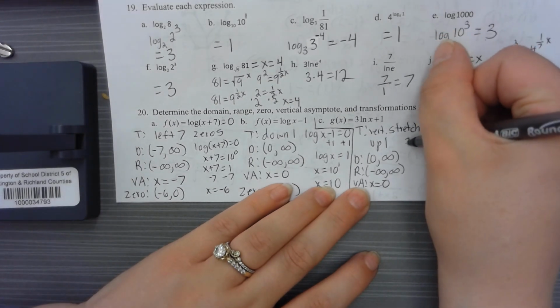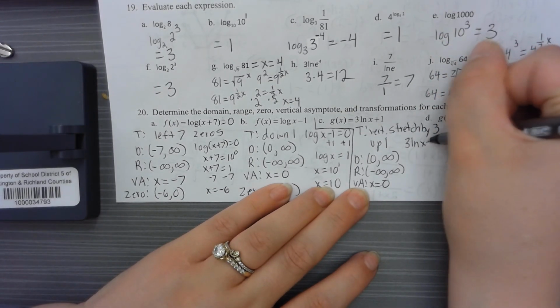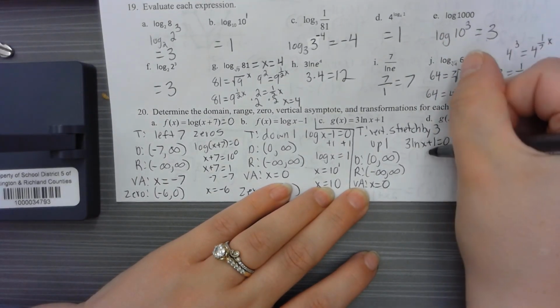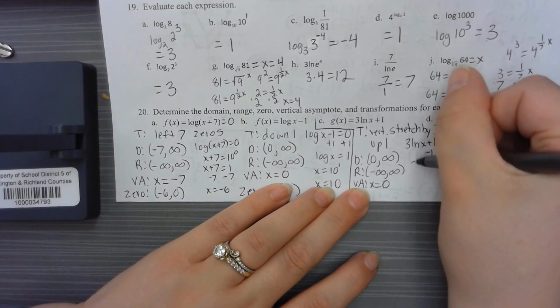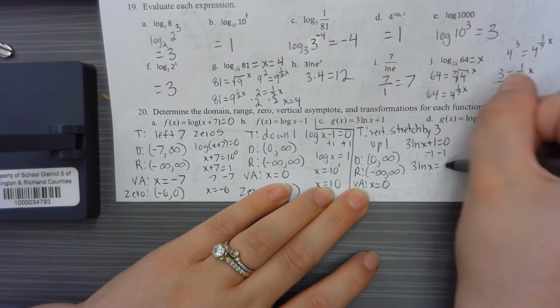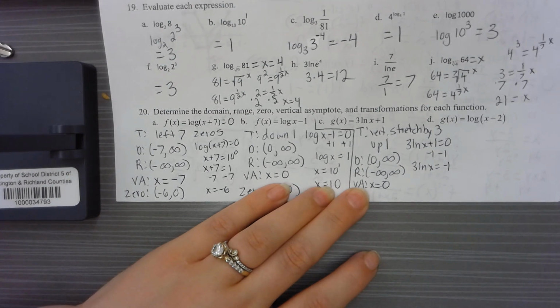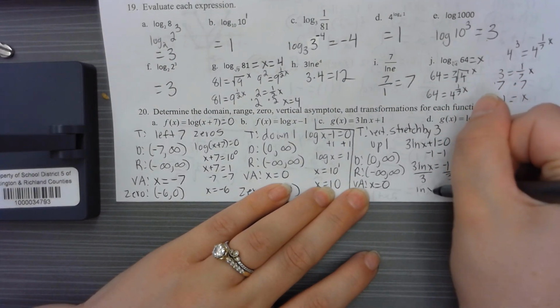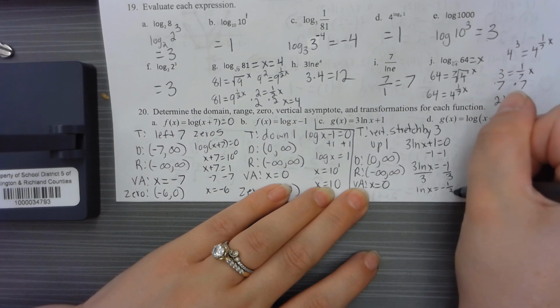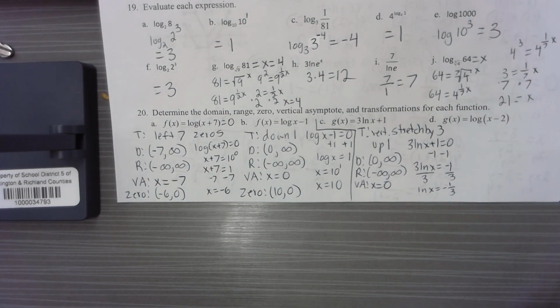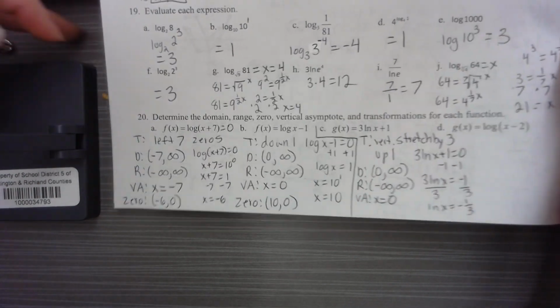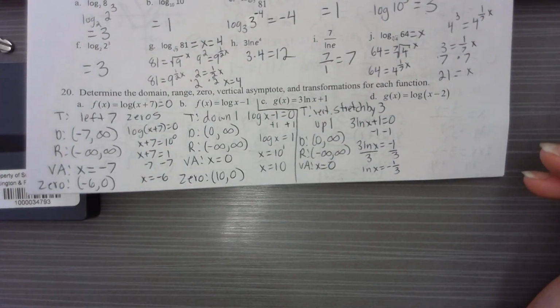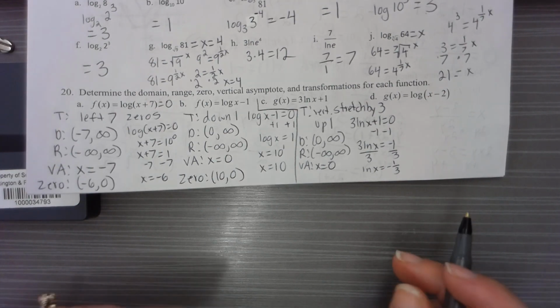Again, to find the zeros, we would set this equal to 0, and we'd solve. So we'd subtract 1. So we get 3 ln x equals -1. And then we would divide by 3. And then we would, again, make the base of the exponent on the other side.